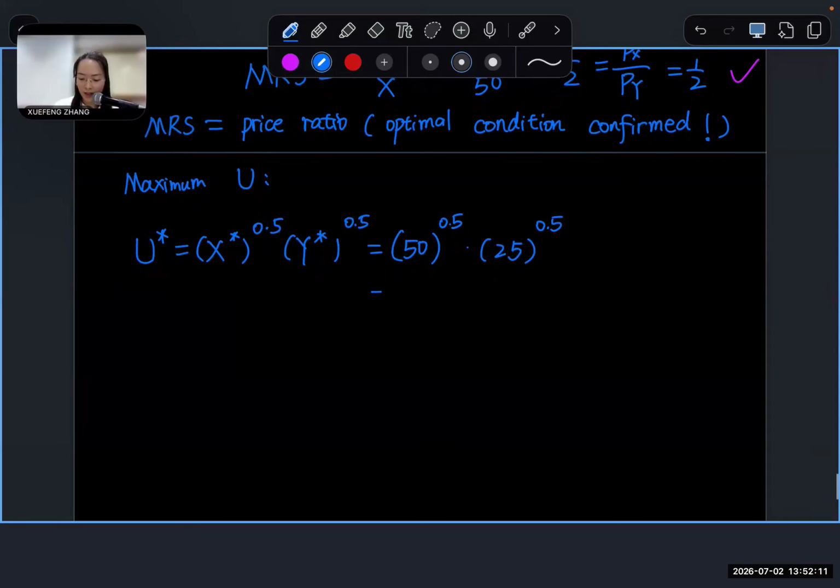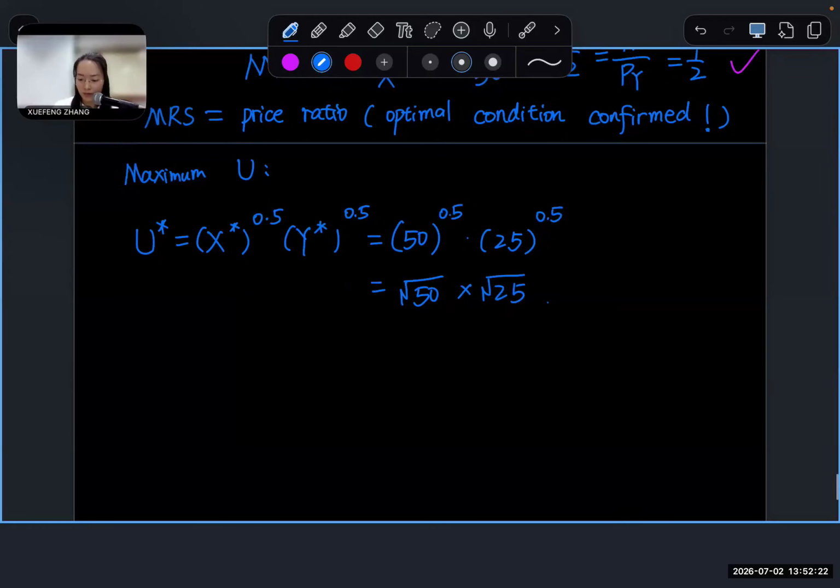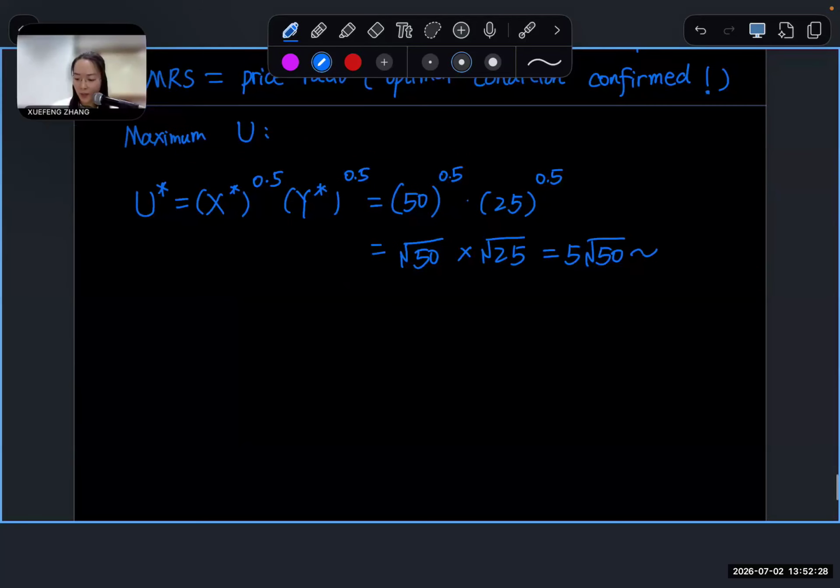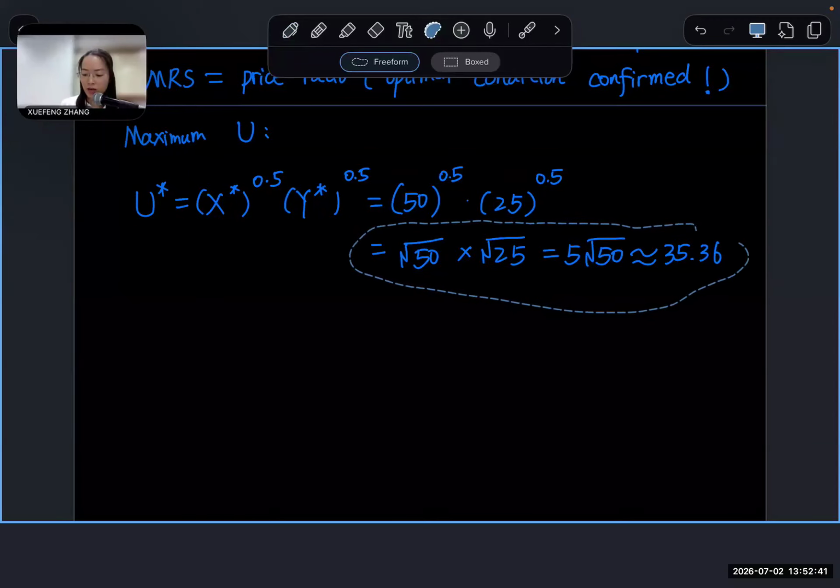So it is square root 50 times square root 25, which approximately equals 35.36. For the square root, you can use the calculator. The calculator is allowed for the exam.